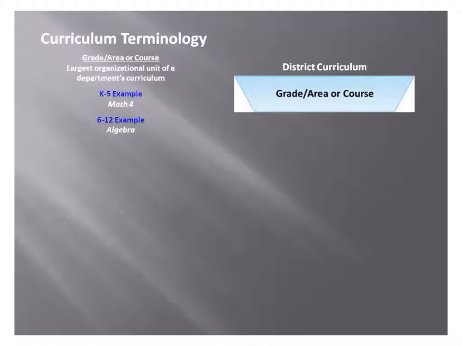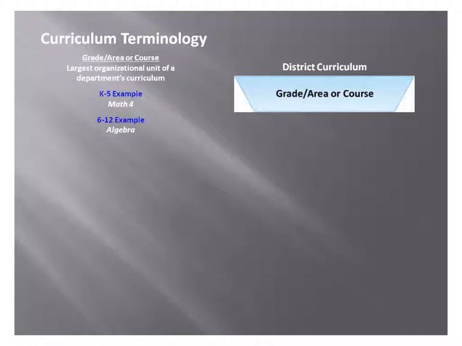Let's spend some time on some curriculum terminology that's associated with curriculum mapping as well as with BYOC. This triangle that we're going to form and discuss really is the backbone of BYOC and helps you keep track of what information you're putting into your curriculum map. And so the first area that we're going to focus on is the grade, area, or course.